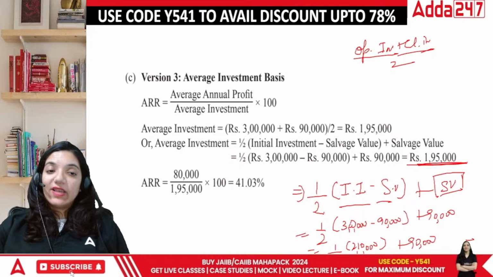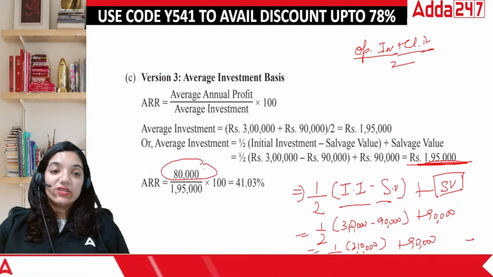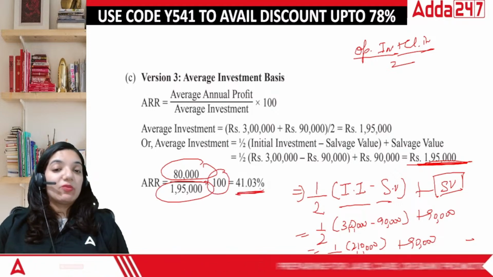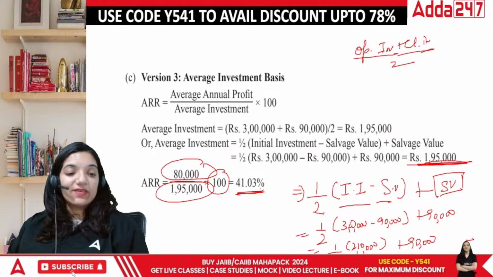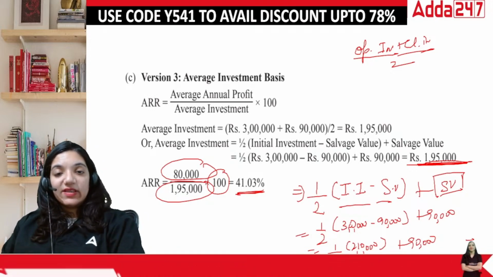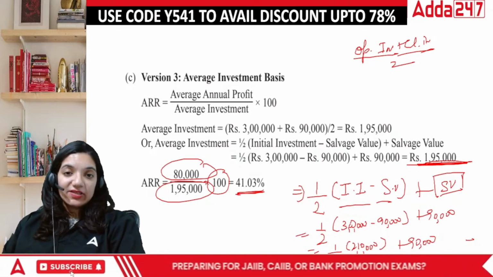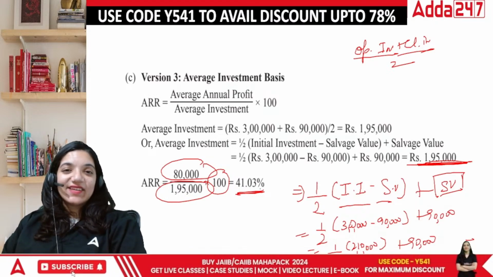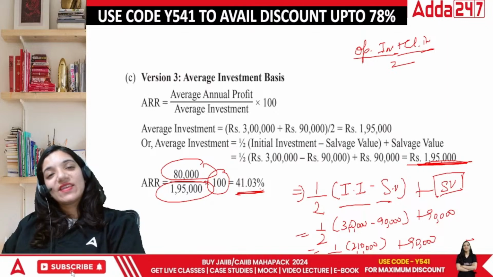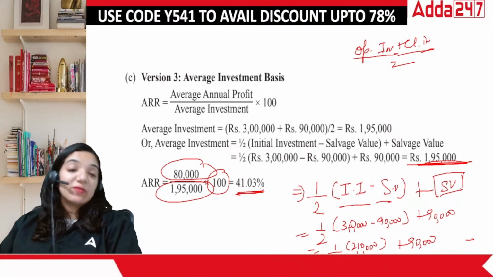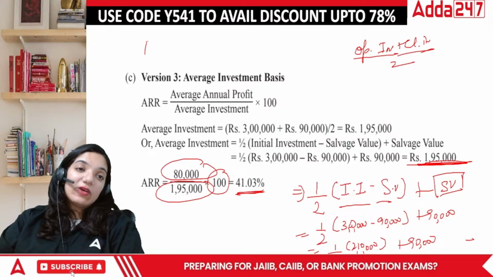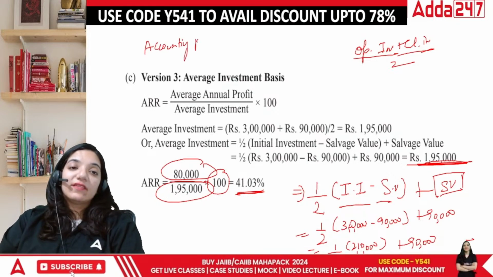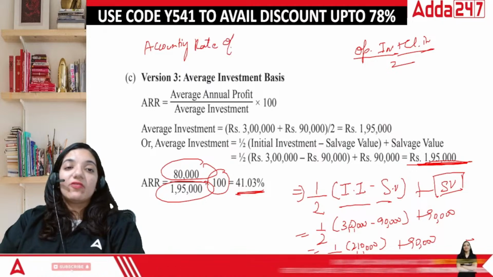If the total is 1,95,000, then 80,000 divided by 1,95,000 into 100, giving us 41.03%, everyone. This is the one. See, in this case, I think I can see the maximum accounting rate of return. Done now? This was the concept of the day, a specific question on accounting rate of return.